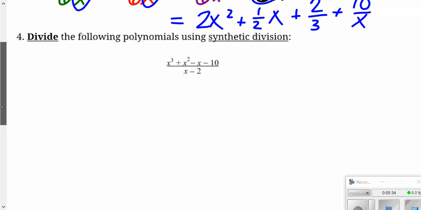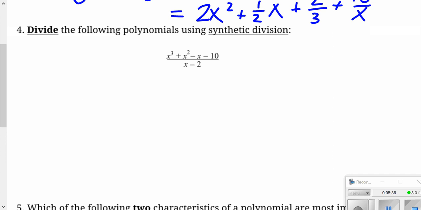Number 4, synthetic division. One of my favorites. Make a skybox. Now if the divisor is x minus 2, if we were solving an equation and x minus 2 was a factor, that would mean x equals 2. 2 is what goes in the skybox.